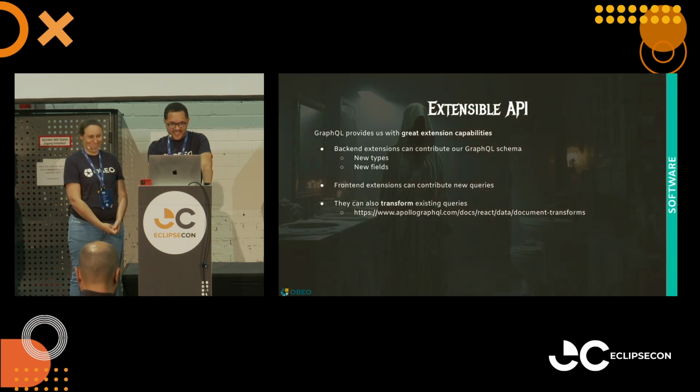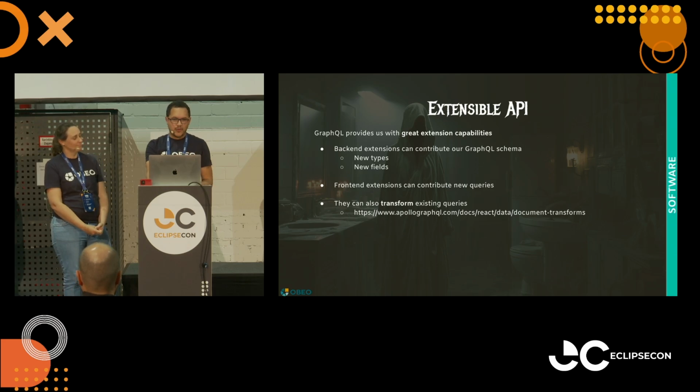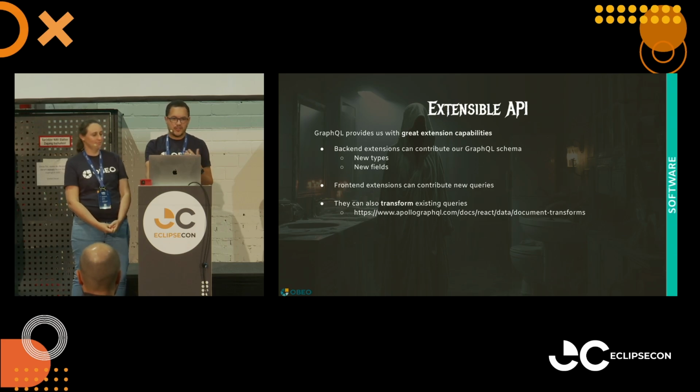Great. So in Sirius Web, we are relying on GraphQL extensibility for our backend architecture. Extensions to Sirius Web can seamlessly introduce new types and new attributes into the GraphQL schema.